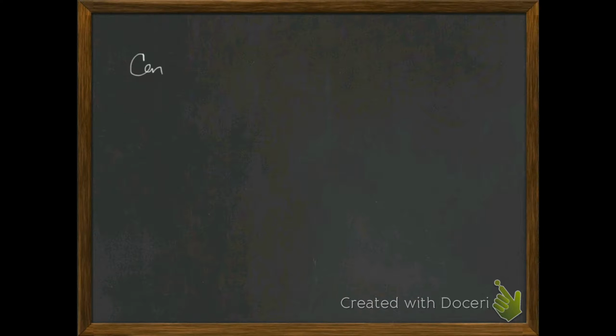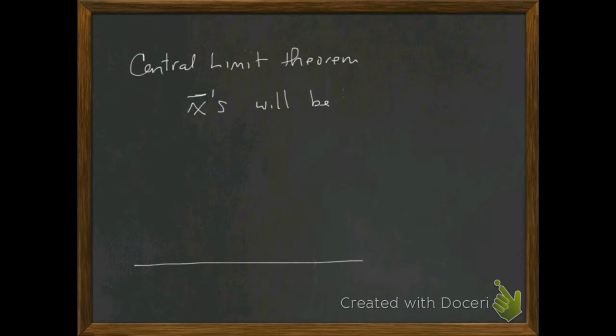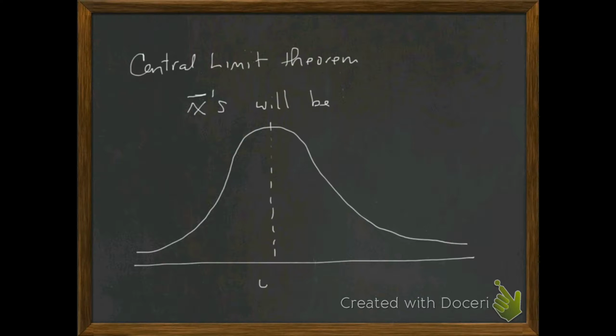Now, what's the central limit theorem tell us? Well, it first of all tells us that all the x bars will be normally distributed, centered at mu, which remember is unknown, and we'll have standard error sigma over the square root of n.